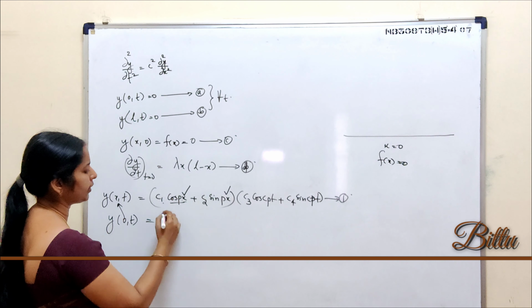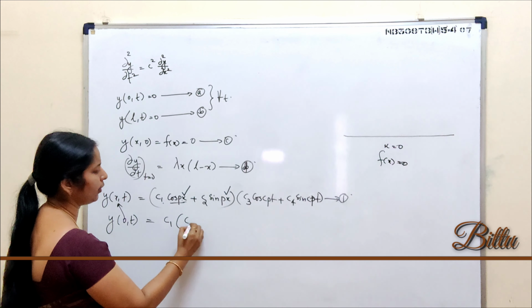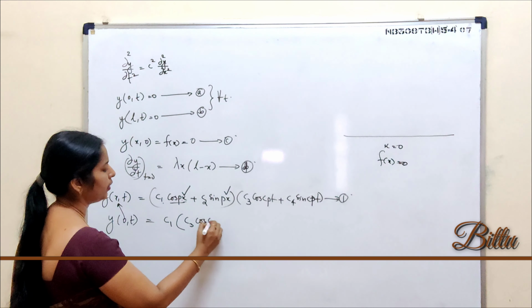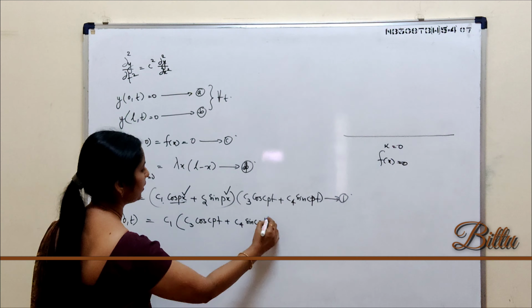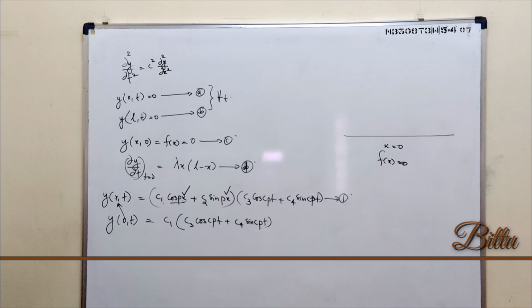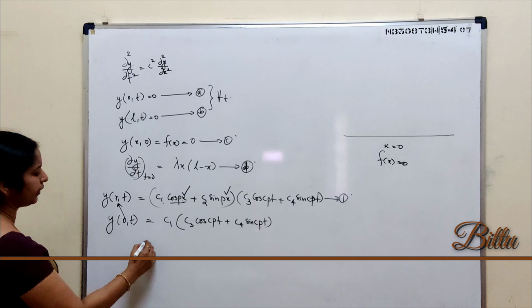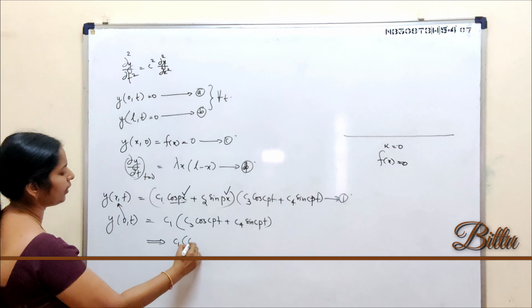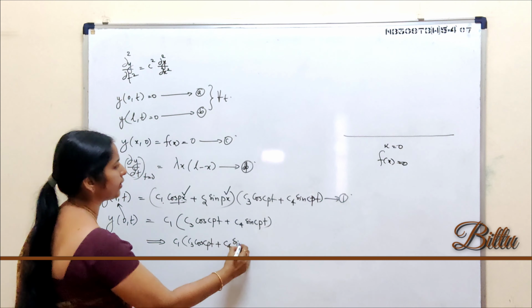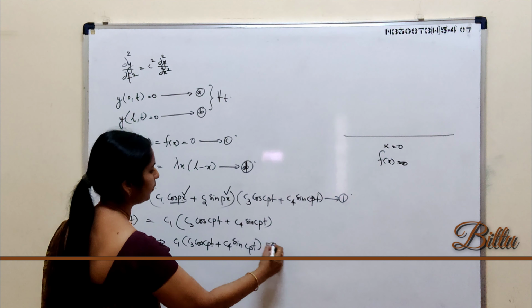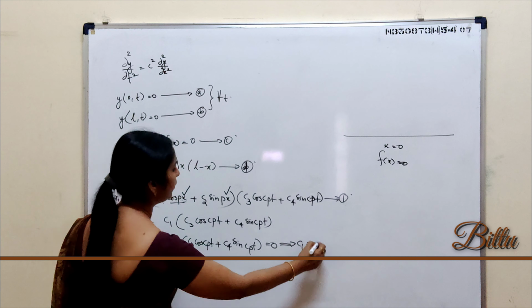So ultimately it is c1 only. So c1 into (c3 cos cpt plus c4 sin cpt). See, y of 0,t equal to 0 implies c1 into (c3 cos cpt plus c4 sin cpt) equal to 0. This implies c1 equal to 0.